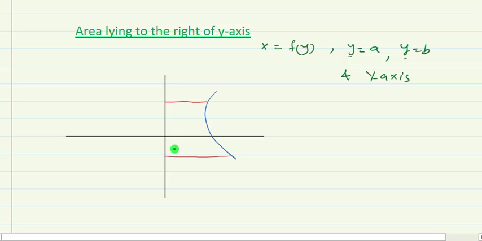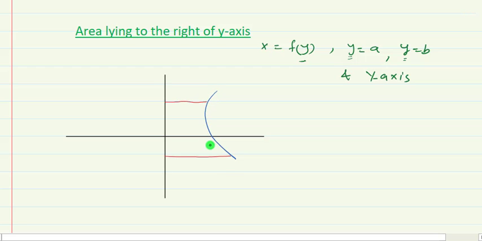Going to calculate area with the y-axis, then we need to choose the ordinates over here, that is y is equal to a and y is equal to b and the y-axis. And the curve will also be taken in terms of y.